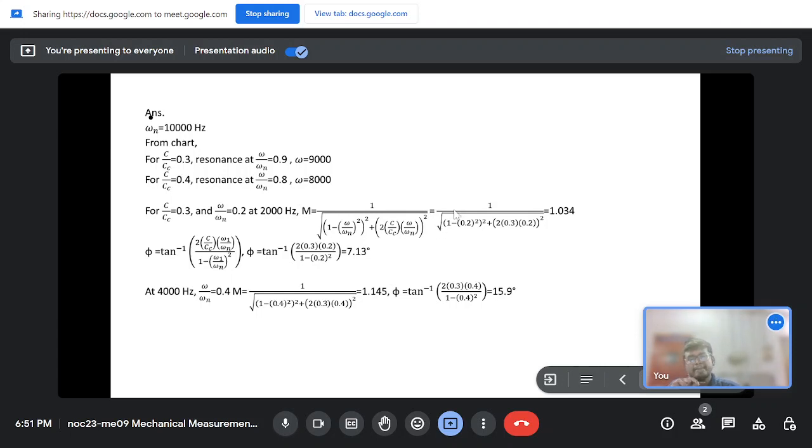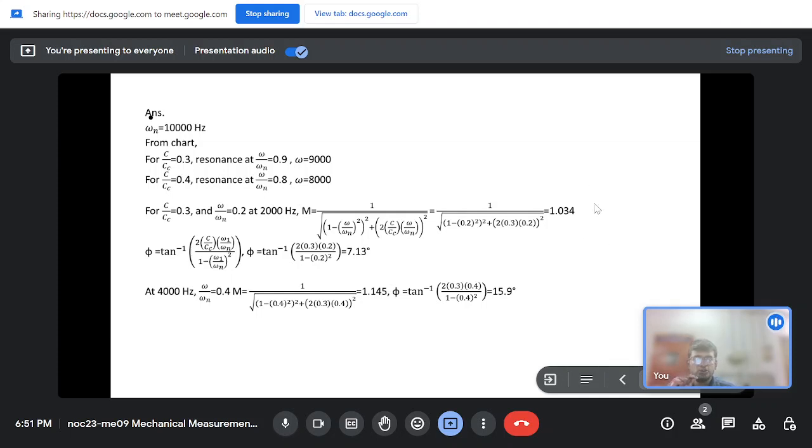We know the frequency ratio is 0.2 and the damping ratio is 0.3, the case 1. We substitute that, and we get the magnitude ratio as 1.034. The dynamic error in this case will be (1.034 minus 1) into 100, so it should be 3.4%.